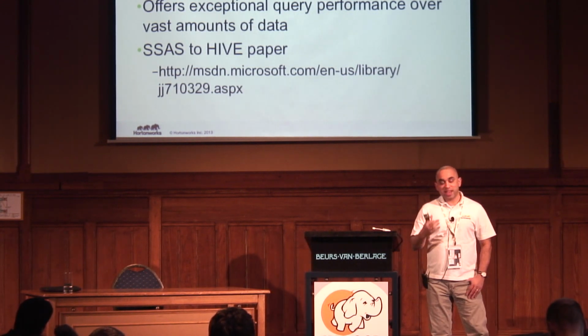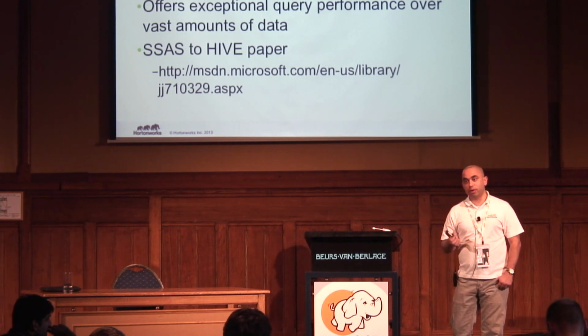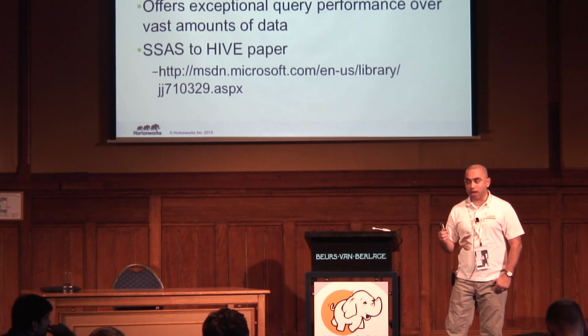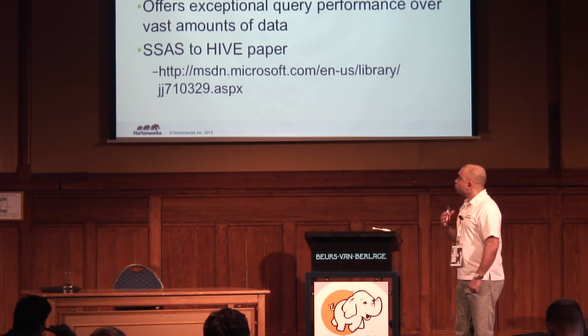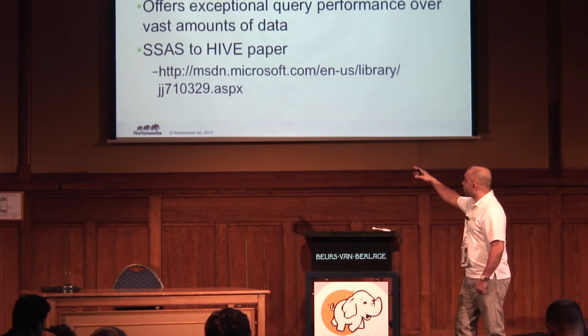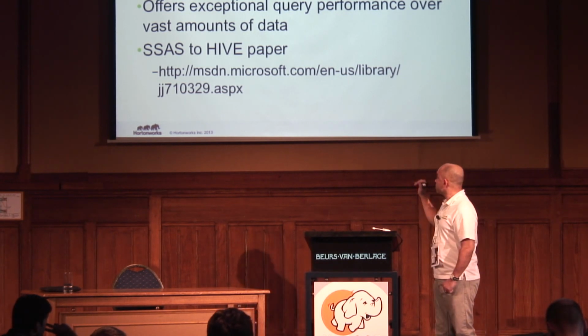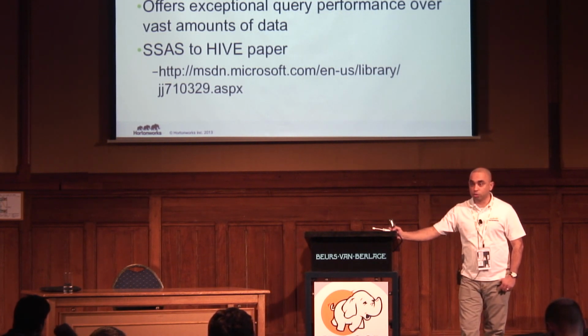Okay, so the next step of the process is we know that Hive is, until we bring Stinger to its full extent, not capable of running real-time queries to a large set of data. So there's one customer that Microsoft worked with and published a paper, and the link is, I put it there, which is SQL Server Analytics Services with Hive.